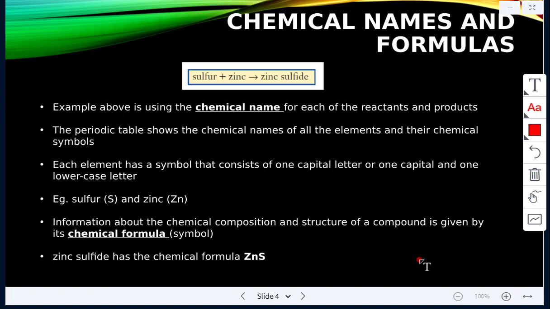Information about the chemical composition and structure of a compound is given by its chemical formula. So zinc sulfide, which is our product, has the chemical formula ZnS.